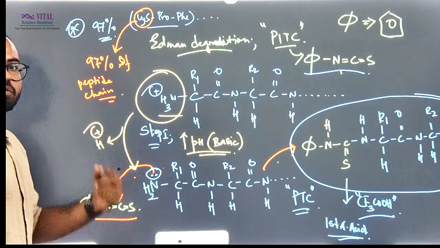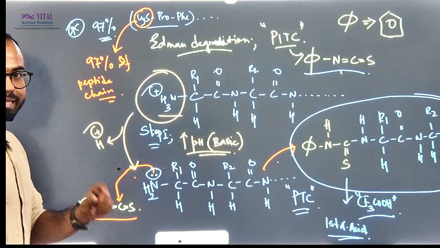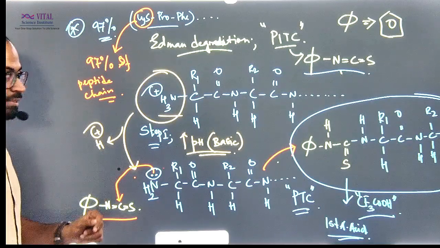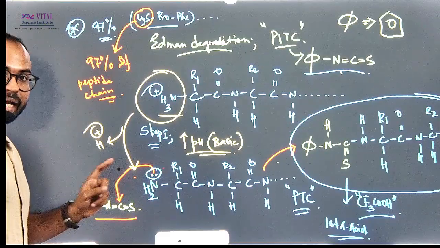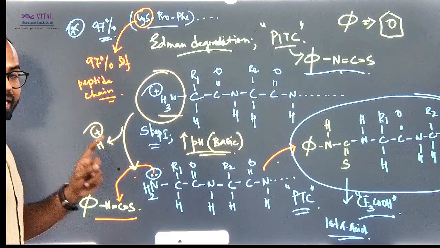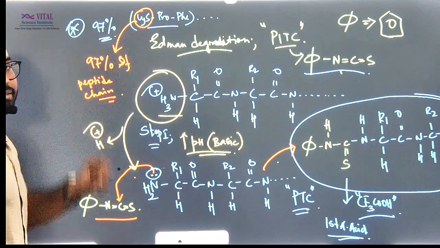On the second round of Edman degradation, as the accuracy is less, there will be 94% of polypeptide chains which will bear the proline residue.